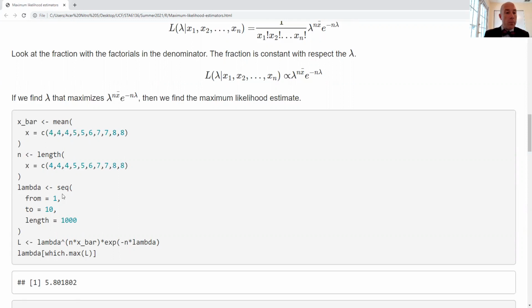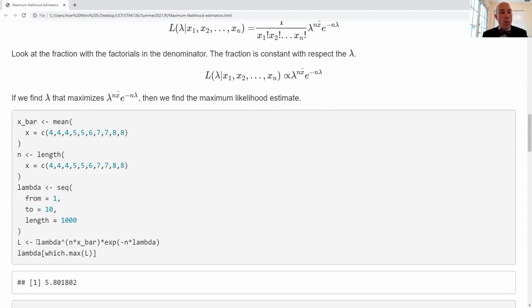Okay, so I'm going to take a bunch of potential lambda values. Here I have to just kind of guess what's reasonable. So I have to go from a low value that I think is plausible. I know that lambda has to be greater than 0, so I'm just going to start with 1. I'm going to go up to 10 just because that seems reasonable. The data is going from 4 to 8, so yeah, seems okay.